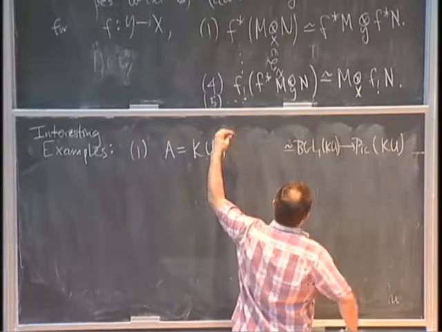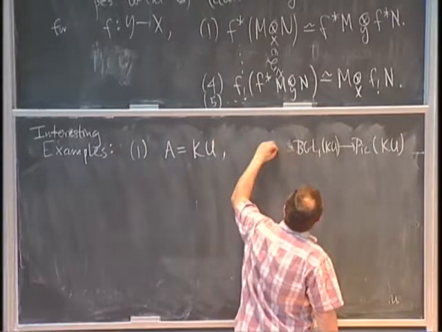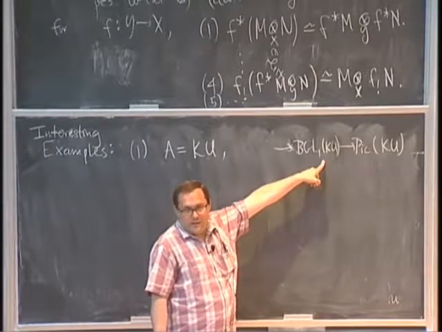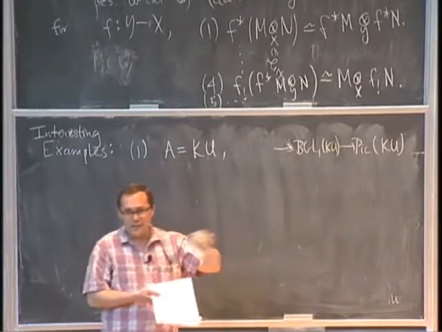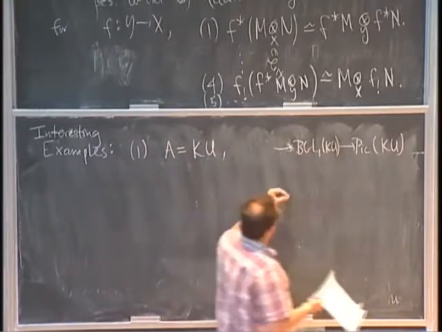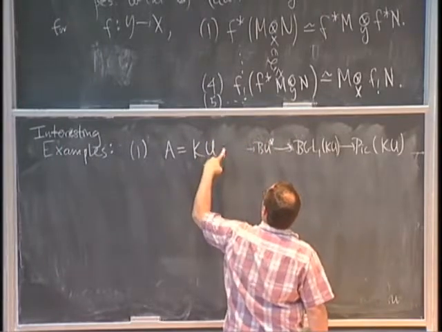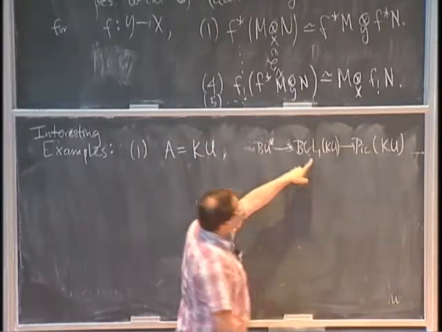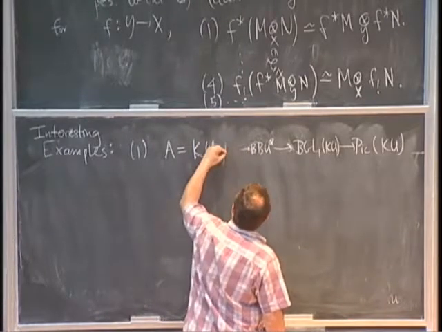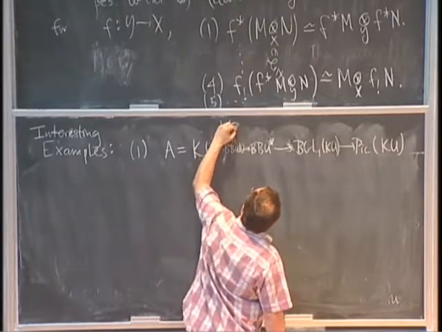I'm just going to say that you know that GL1 of Ku contains a copy of BU tensor, the multiplicative structure on BU, which receives a map from BU1, except now I'm de-looping this, so I have B of BU, and I have B of BU1, which is K(Z,3).